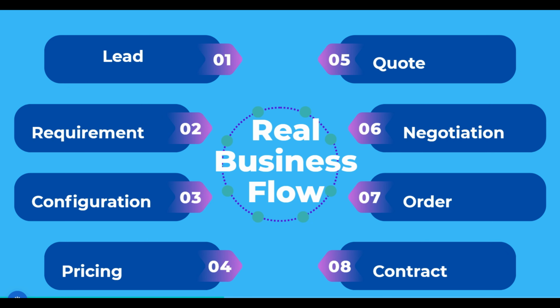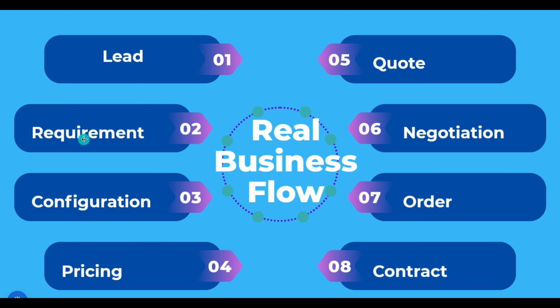Now let's understand the real business flow. To understand how CPQ works in a real business environment, let's take the example of a company selling HR software. The process starts when the customer shows interest in the product. This is called the lead stage. At this point, the customer is just a potential buyer who may be interested in purchasing.